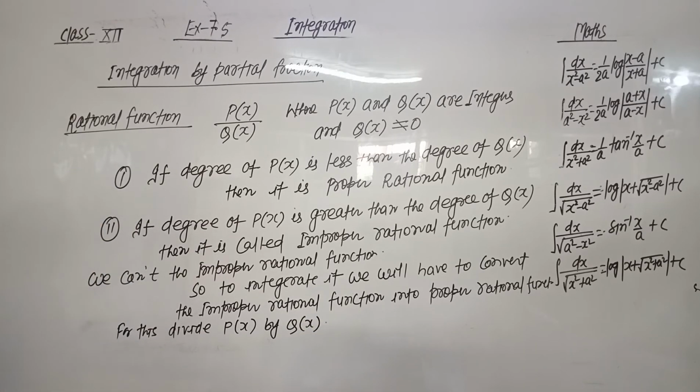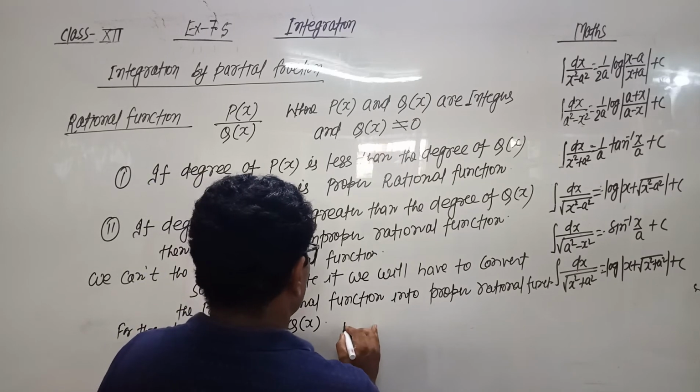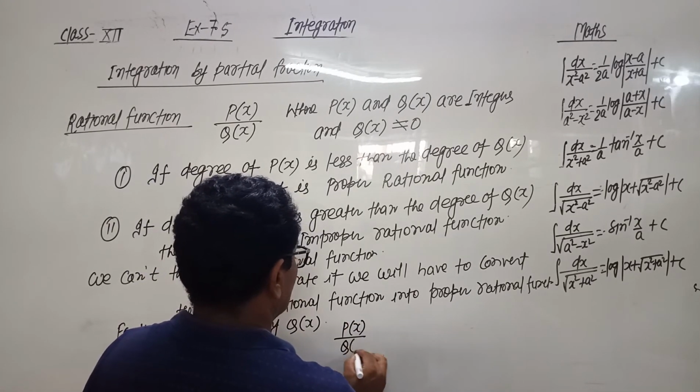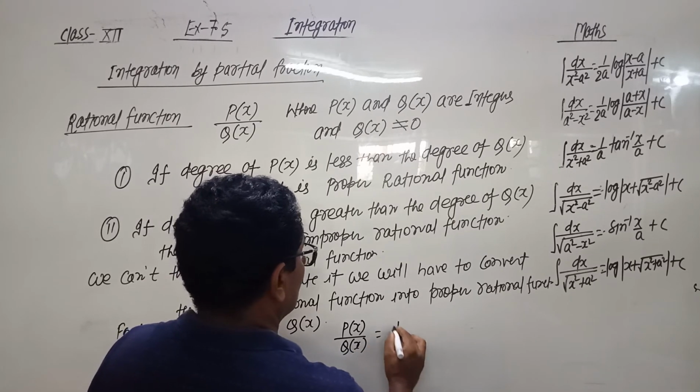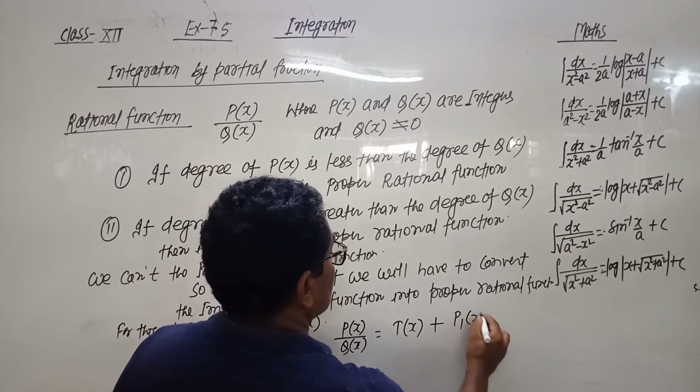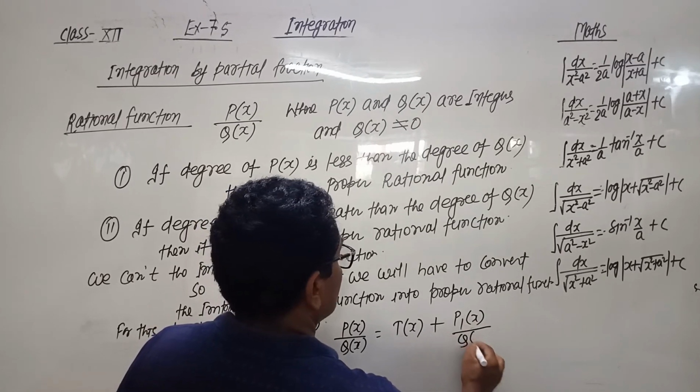To make the improper a proper, we divide px by qx, and then px upon qx equals px plus p1x upon qx.